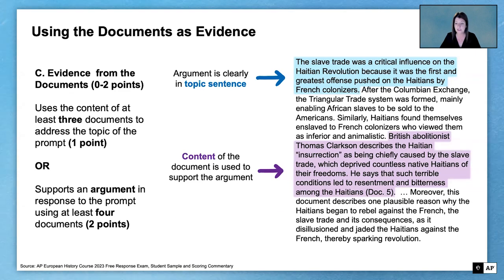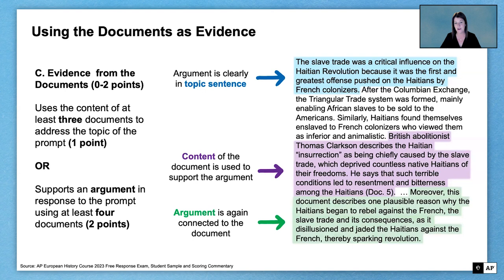And they're concluding by bringing that document back again specifically to the argument in green. So the student has done a really nice job of using the content of the document to support an argument that was very clearly articulated at the beginning of the paragraph and then connected again, which is a great best practice, at the end to what their argument was. So we really like this structure for students to use documents in this way.